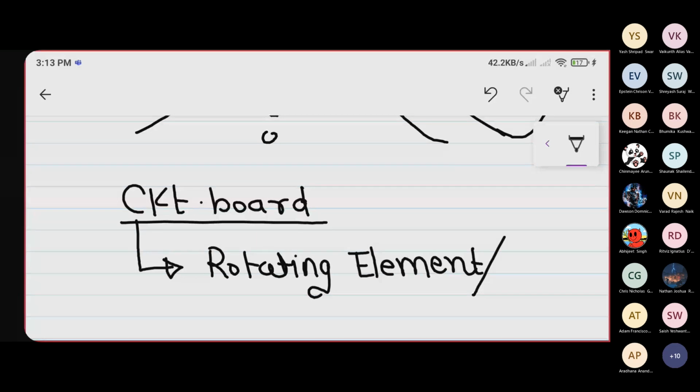Now you want to know how many times that element can rotate or translate on that circuit board.